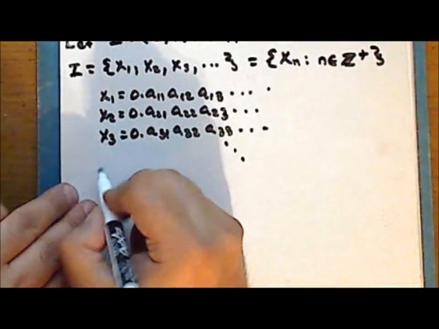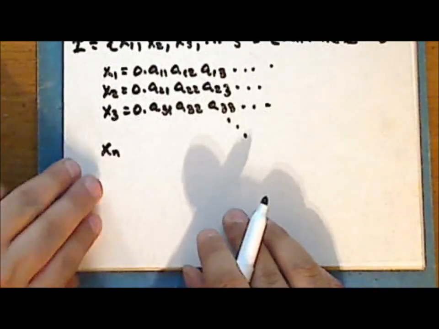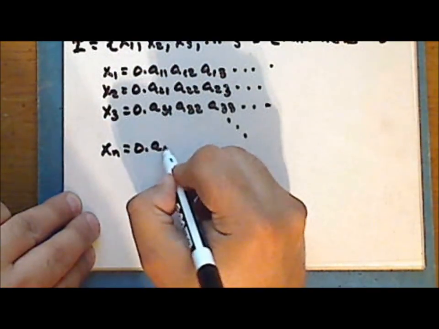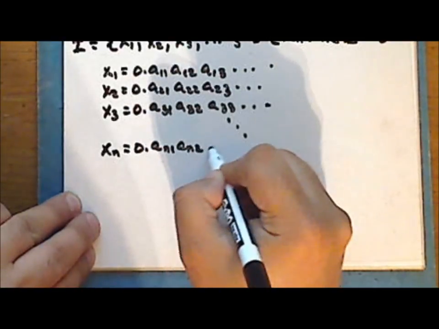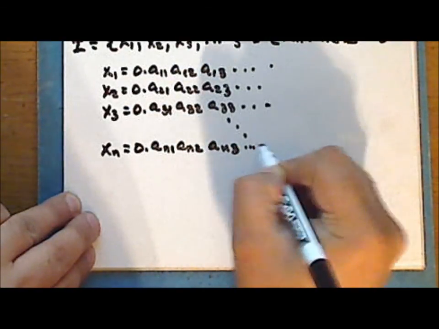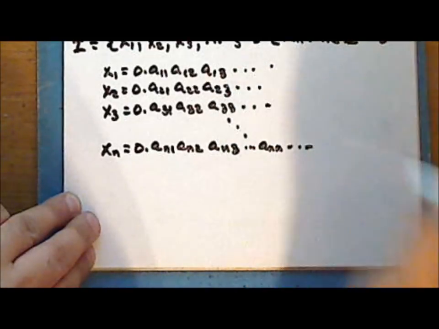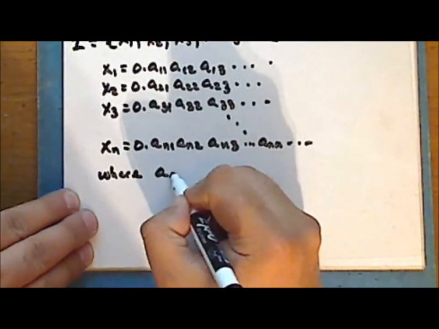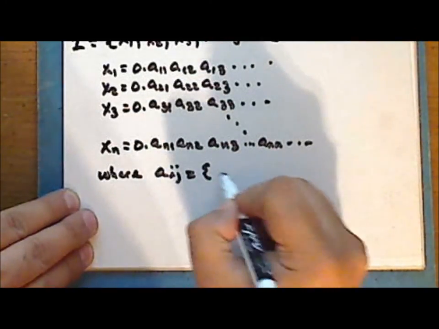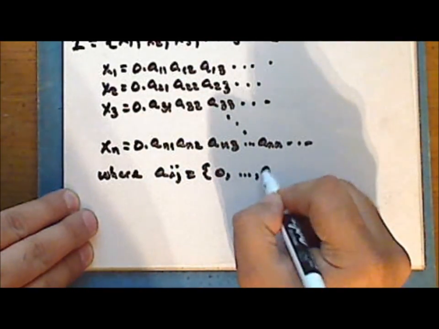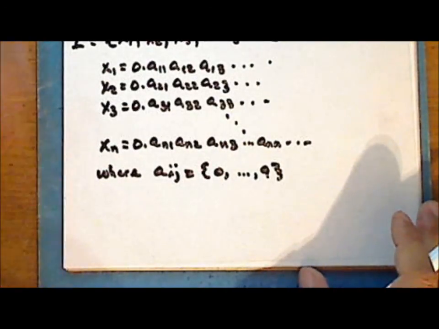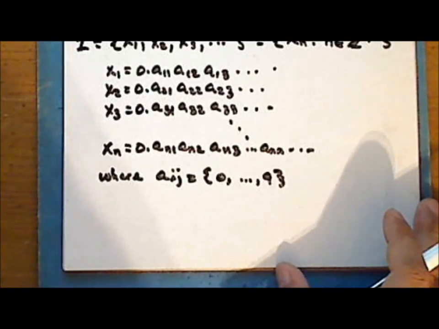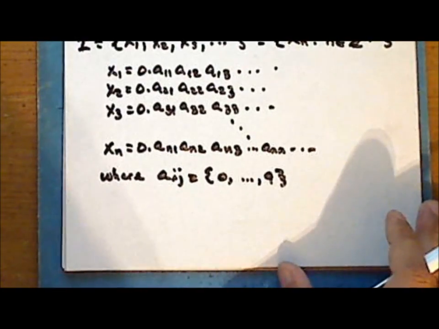So that in general, the nth number in the sequence is the number 0.A_n1, A_n2, A_n3, and so on, to A_nn, and so on, where each of the digits, A sub ij, is a digit from 0 to 9. So true decimal expansions, infinite decimal expansions between the numbers 0 and 1.